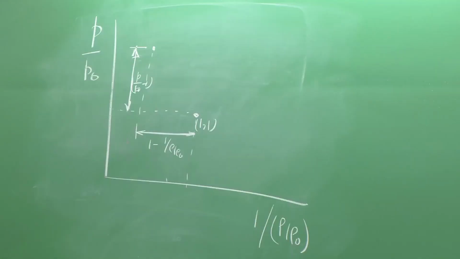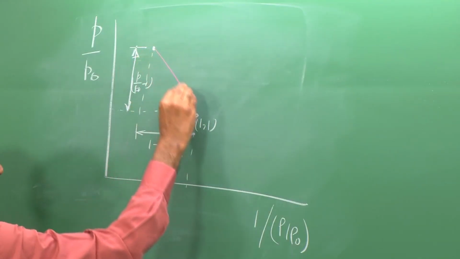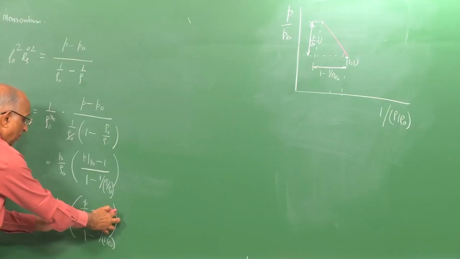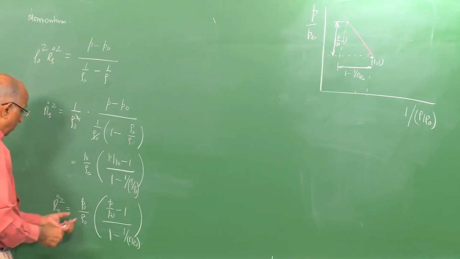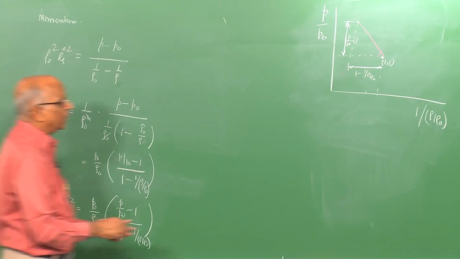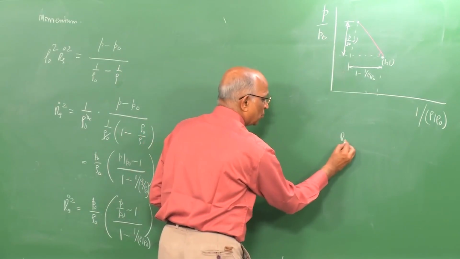If I were to join these 2 points, the slope of this curve is this particular bracket, and if it is multiplied by the initial pressure over the initial density, it gives me the value of Rs dot square.